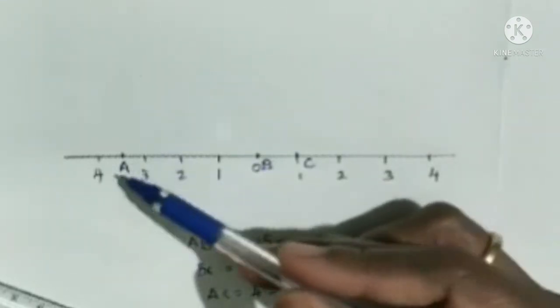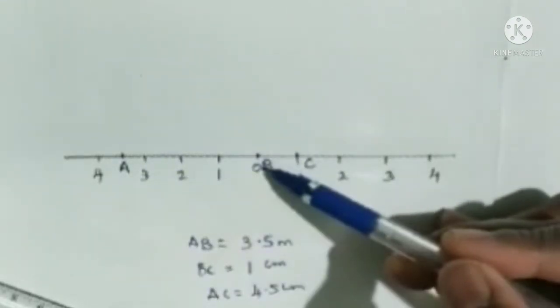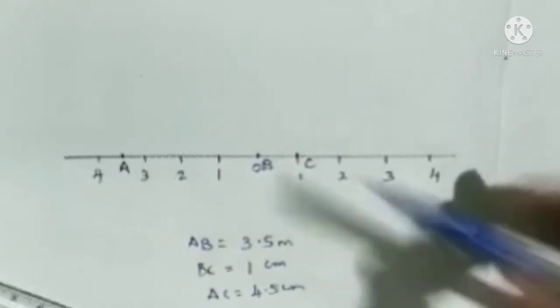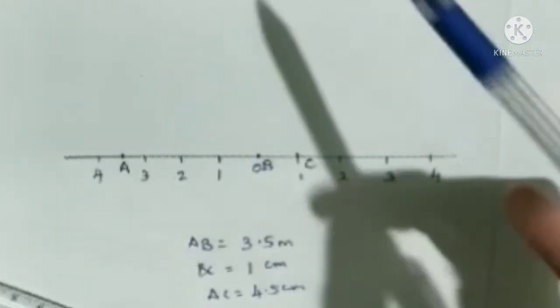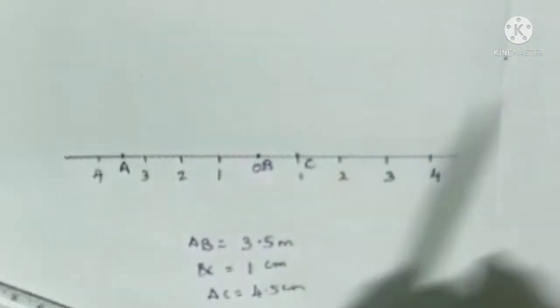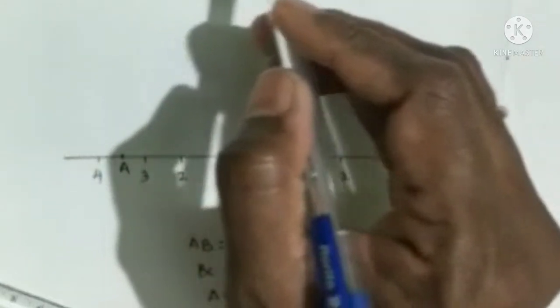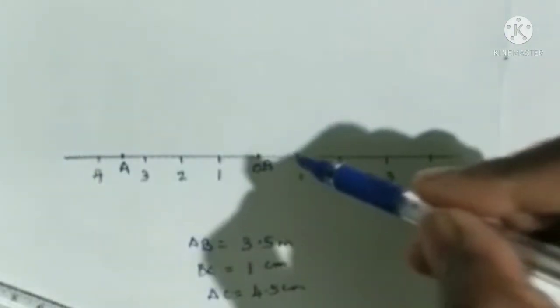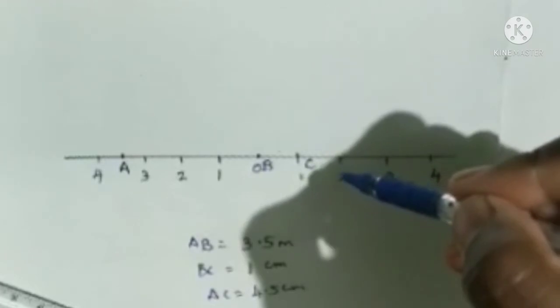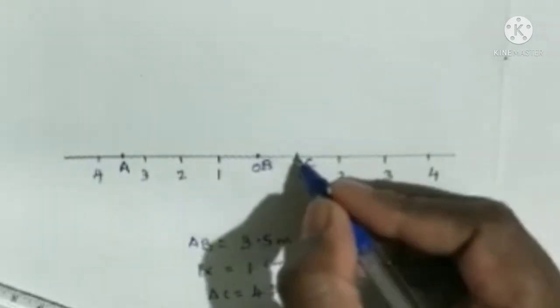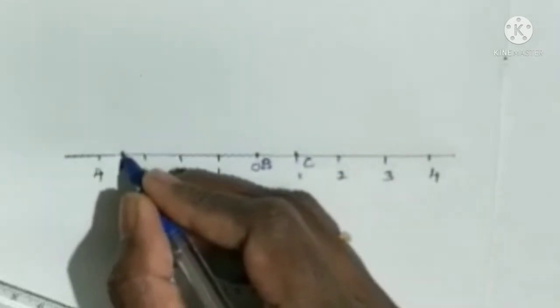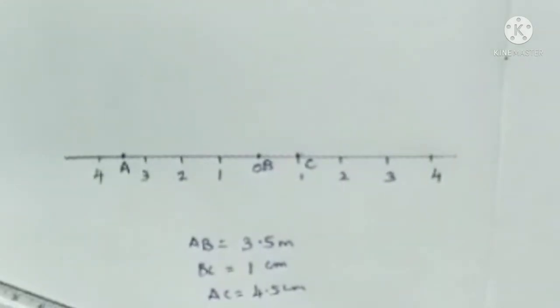First AB we should take 3.5, then we add the 1 centimeter. Whatever the number is, to find the root value, first measure the number, then take 1 centimeter more. So AC is 4.5 centimeter.